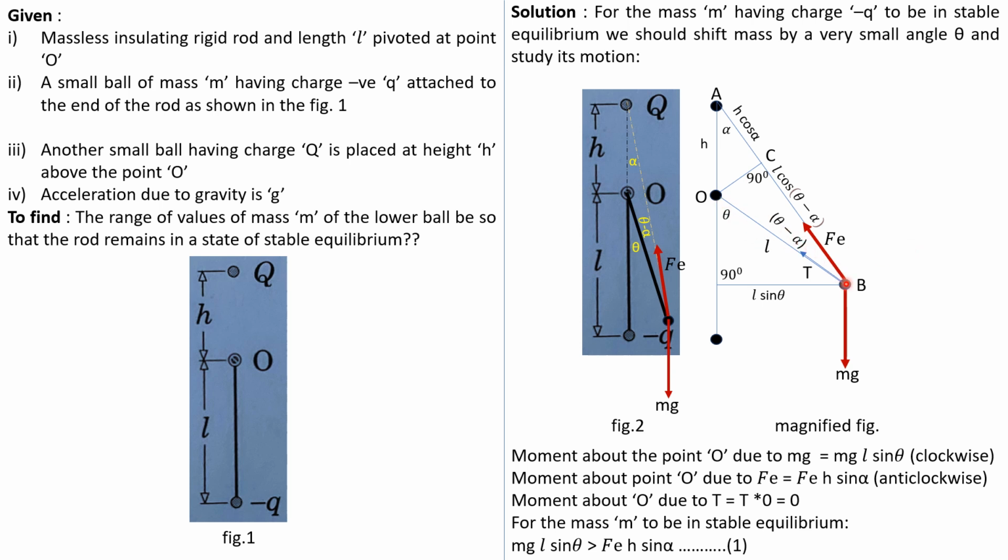The rod length is L, that we know, so this will be L sine theta, and this will be L cos(theta minus alpha). From this triangle, AC will be h cos alpha.